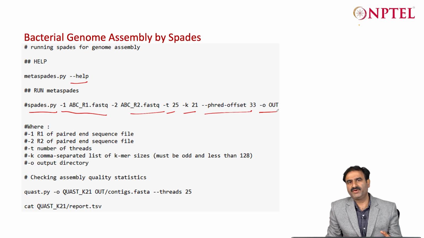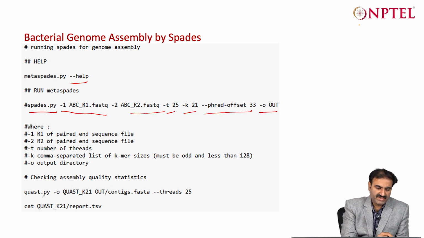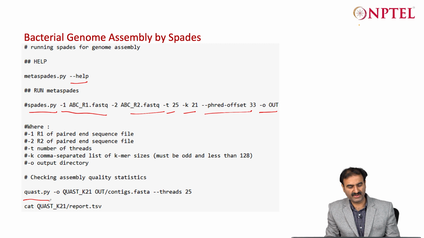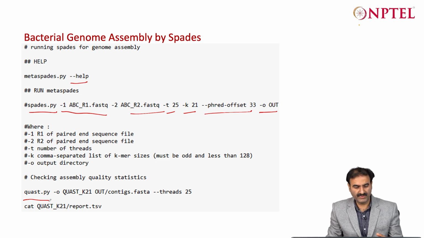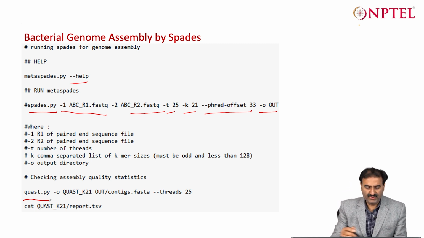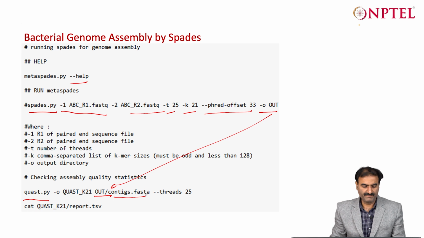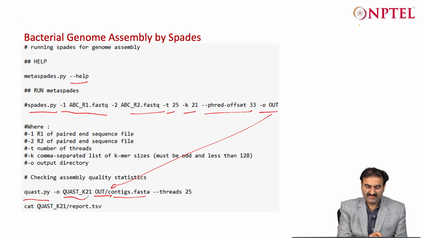And then later on, once you have done the assembling, you can check the assembly statistics by using the QUAST tool script, where you will be giving the folder which you have generated here, which contains a file called contigs.fasta, and then the k-mer size that you have defined earlier, and the number of threads.